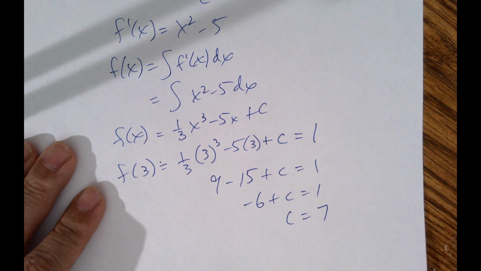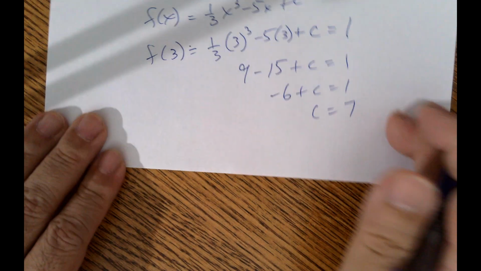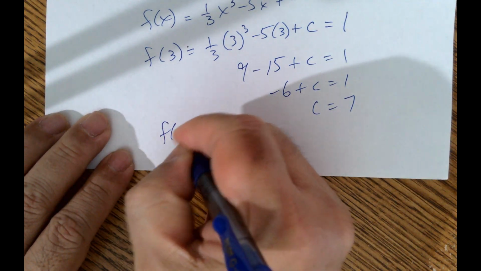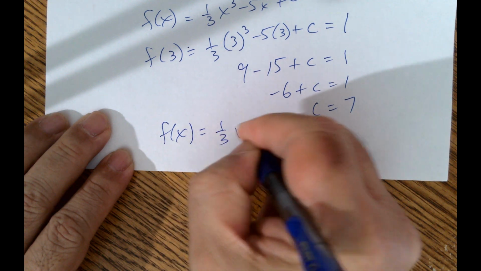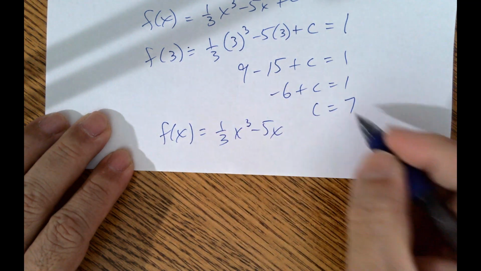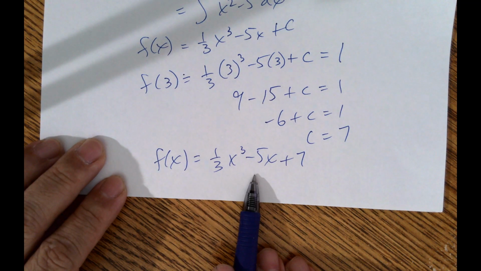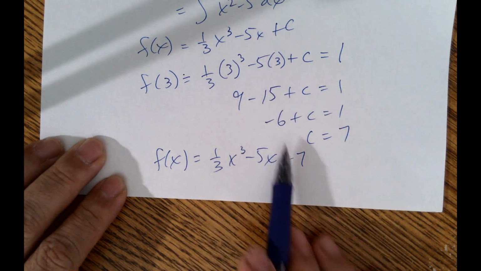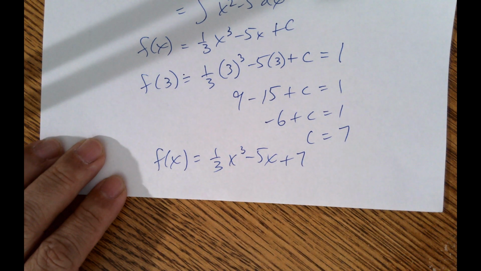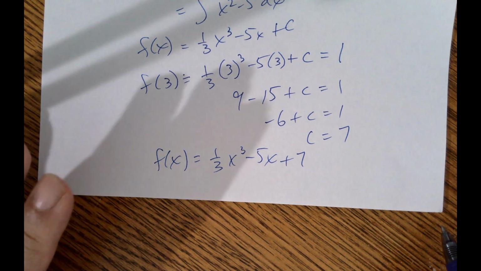So c equals 7. All right, so final answer, f of x equals 1/3 x cubed minus 5x, and we just found c, plus 7. Remember this is from this original here. And we found the c, so that's it. That is number 26. Let's go ahead and do 27.